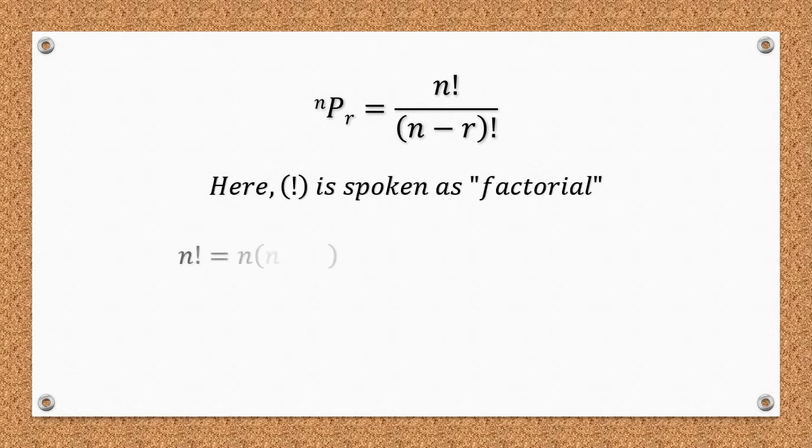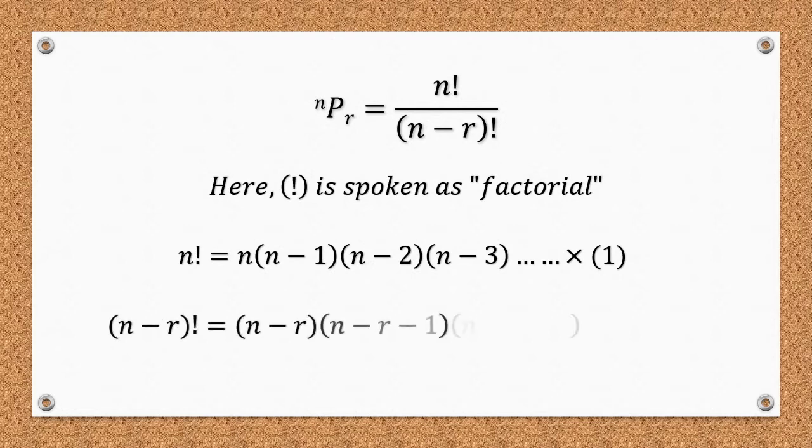Here n factorial means n into n minus 1 into n minus 2 into n minus 3, up to the value 1. So factorial values multiply all of them, while n minus r factorial is n minus r, n minus r minus 1, n minus r minus 2, up to 1.